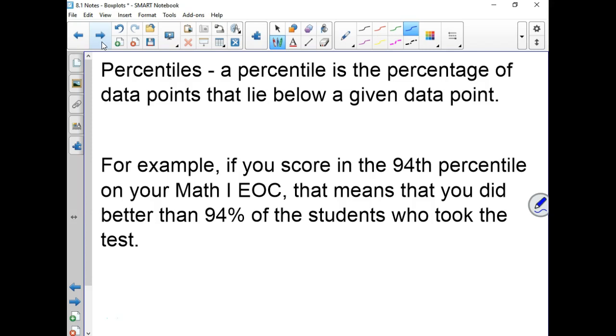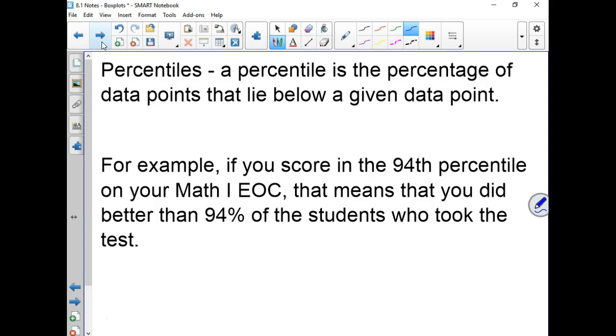If you make in the 45th percentile, that means that you did better than 45% of the students who took the test. Whenever you go to the doctor, they'll often tell you that you are in the 72nd percentile for height. That means of students your age, you are taller than 72% of other kids your age.